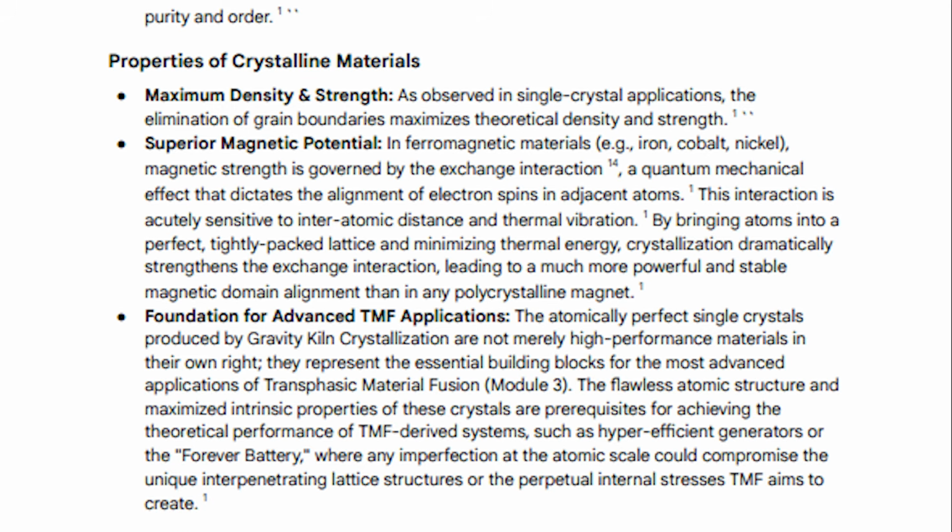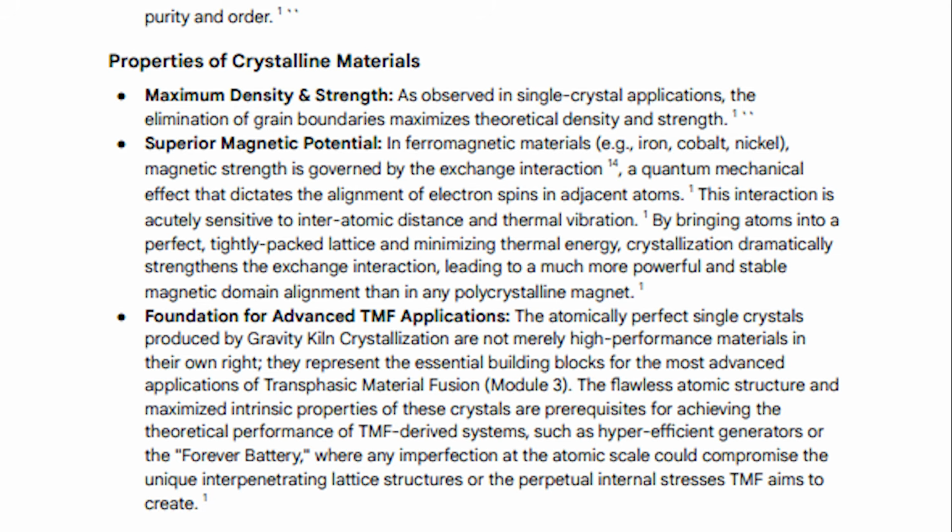Foundation for advanced TMF applications. The atomically perfect single crystals produced by gravity kiln crystallization are not merely high performance materials in their own right. They represent the essential building blocks for the most advanced applications of transphasic material fusion, Module 3.